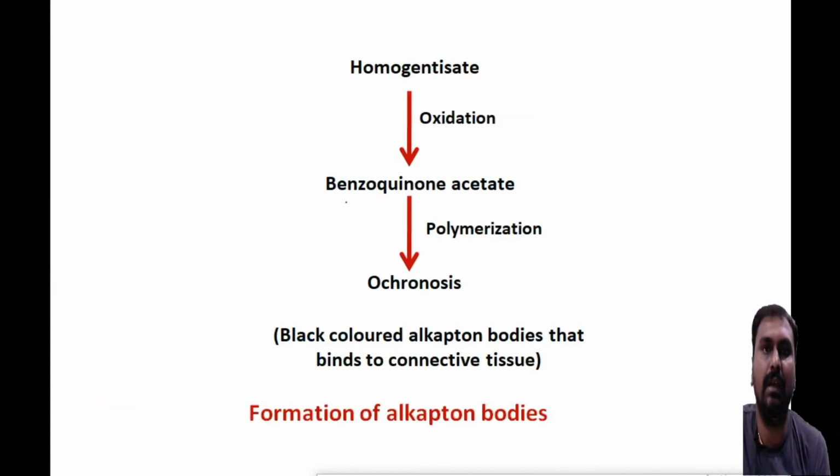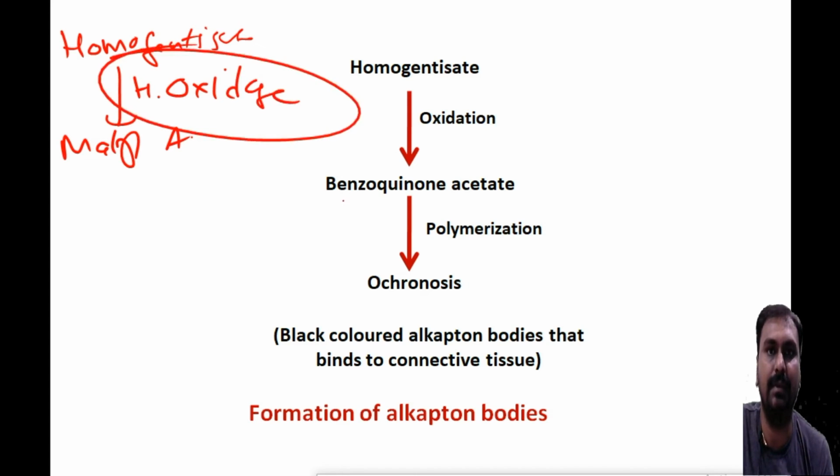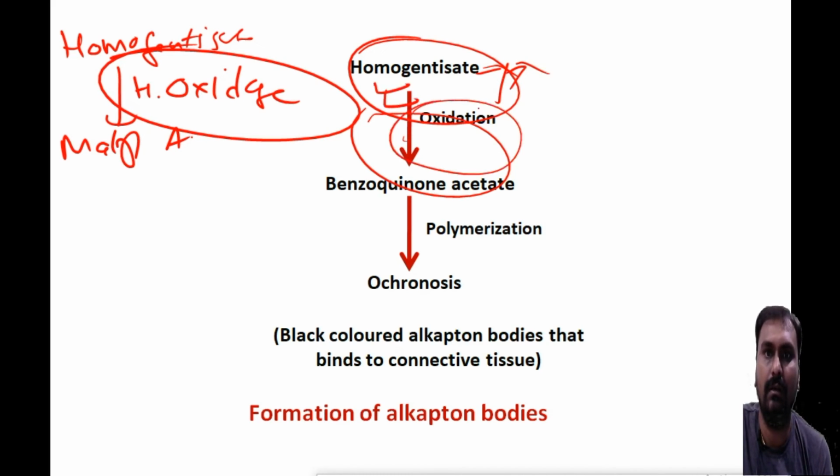Now, what is alkaptonuria? Homogentisate is normally converted to maleylacetoacetate by the enzyme homogentisate oxidase. If this enzyme is deficient, it will lead to accumulation of homogentisate. Homogentisate reacts with oxygen to form benzoquinone acetate, which polymerizes to alkapton bodies.